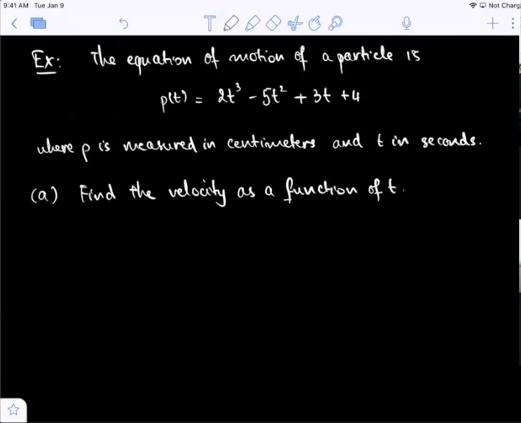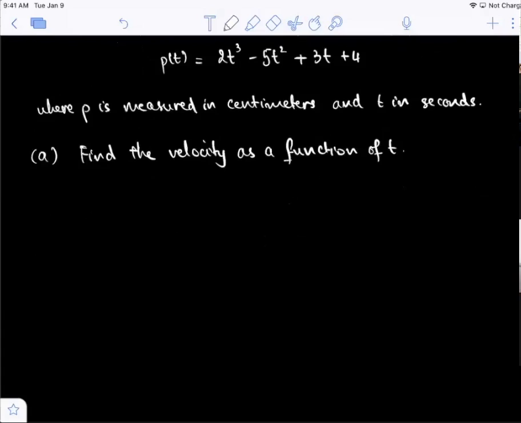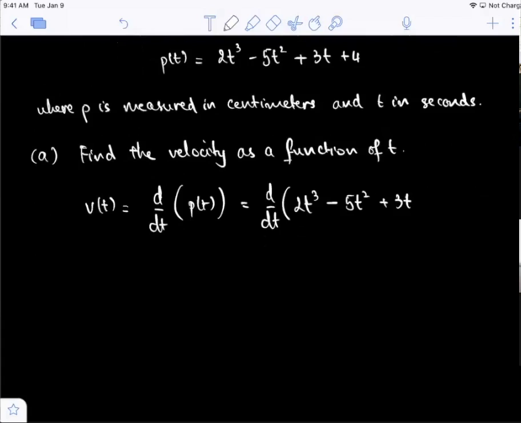So once again, the velocity is the first derivative of the position function. So what you can do is write v of t equals the derivative of the position function with respect to t, because t is the variable in this case. That is equal to d dt of 2t cubed minus 5t squared plus 3t plus 4.